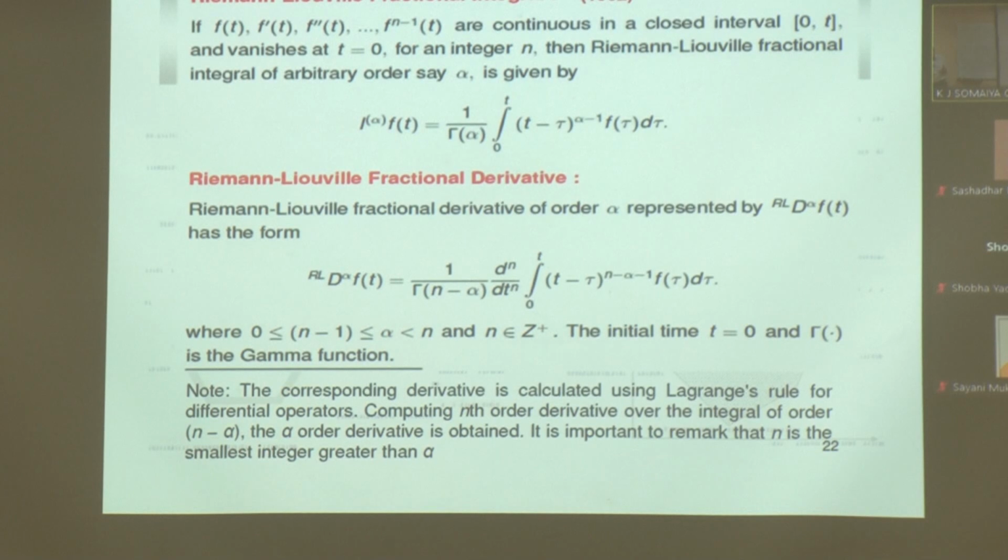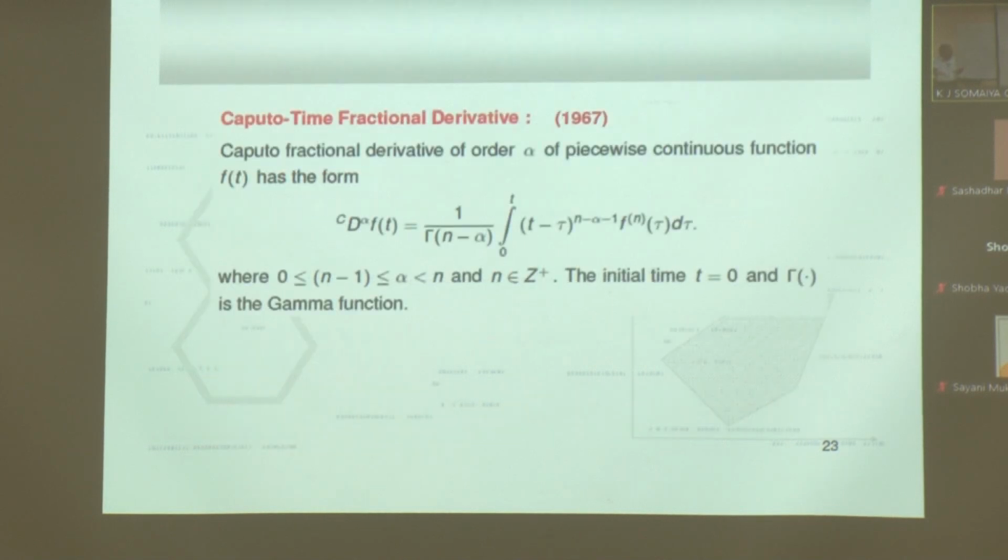Even though others solved particular problems of the fractional derivative, they could not give a generalized definition. First of all, they designed a fractional integral, and on the basis of that fractional integral they came to the Riemann-Liouville fractional derivative. And later on, in 1967, Caputo defined a fractional order derivative with respect to the time variable.